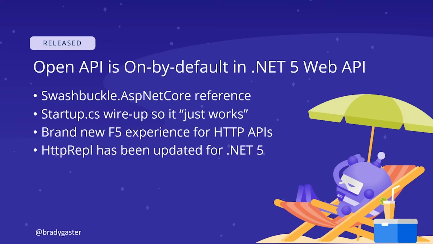This Open API has built-in support with .NET 5. So if you want to create a .NET 5 API project, you will see a tick box to tick. That tick box is automatically checked to have the Open API features with the Web API project.